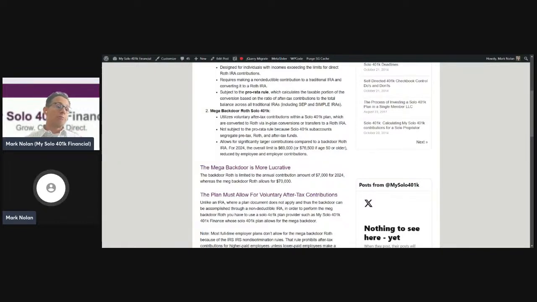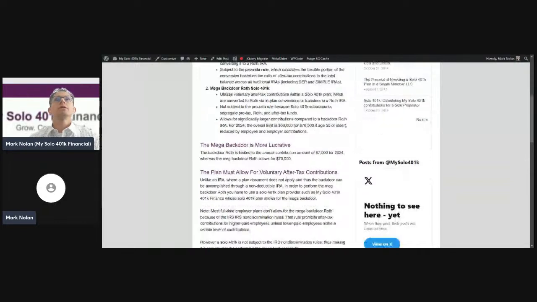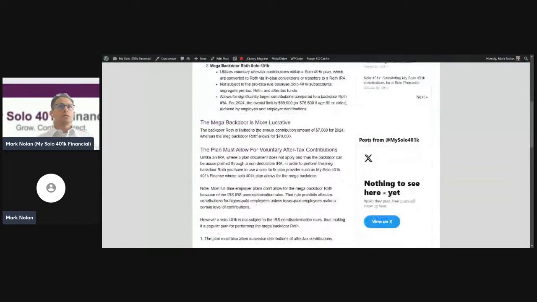Now, another big difference between the mega backdoor Roth and the backdoor Roth is that you can make higher contribution amounts using the mega backdoor Roth. So it's more lucrative. So for instance, if you're doing a backdoor Roth IRA conversion, the maximum you can contribute to that backdoor Roth IRA is $7,000 for 2024, where you make an annual contribution of $7,000 to the non-deductible IRA and then immediately convert it to the Roth IRA.